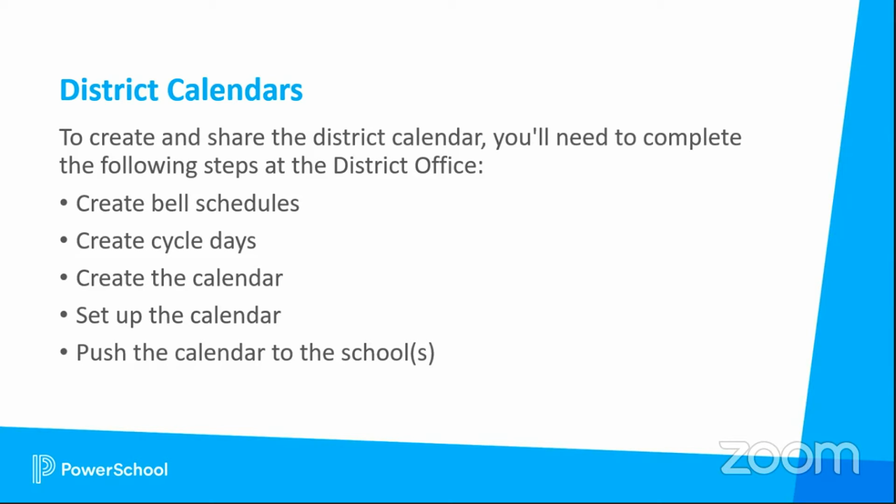So the steps you'd go through is you're going to create the bell schedules, create the cycle days, then create the calendar, and then set up the calendar with those in-session days and the membership. And we have the automated calendar configurator that you can use to set up your calendar on a pattern. And then after you have completed that setup, you would push that calendar out to all of the schools.